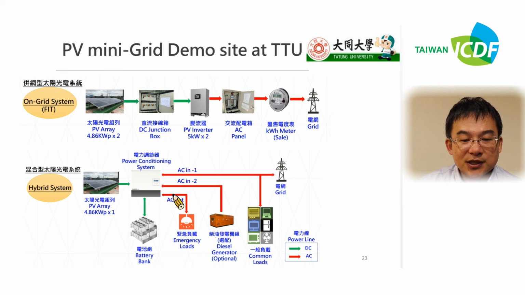But if the battery is full, then the power control system will send the power to the city power. So we have 2 systems, and then I will show you how to design this system. Okay, thank you.